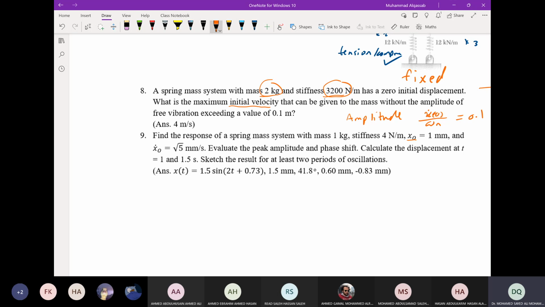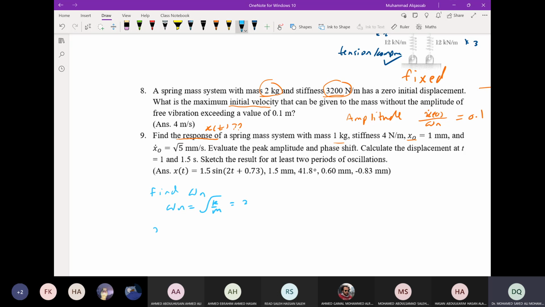The question is to find the response, and the response is x of t. For a spring mass system, the mass is 1 kilogram, stiffness is 4 Newton per meter. First of all, you find omega n, which is square root of k over m, and this will be 2 radian per second.